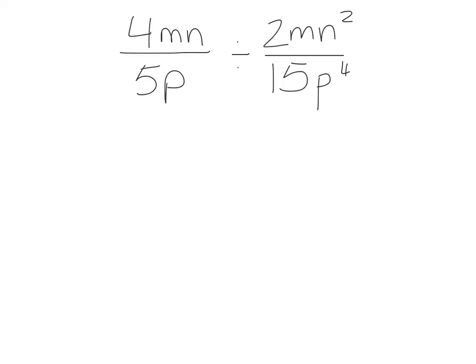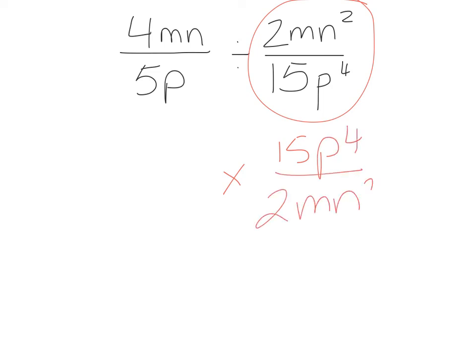And finally, again, we're upping the ante just slightly. I have 4mn over p divided by 2mn squared over 15p to the power 4. Starting in the exact same place, I'm going to change this one. So I'm multiplying by 15p to the power 4 over 2mn squared. So 4mn over p is now being multiplied by that.